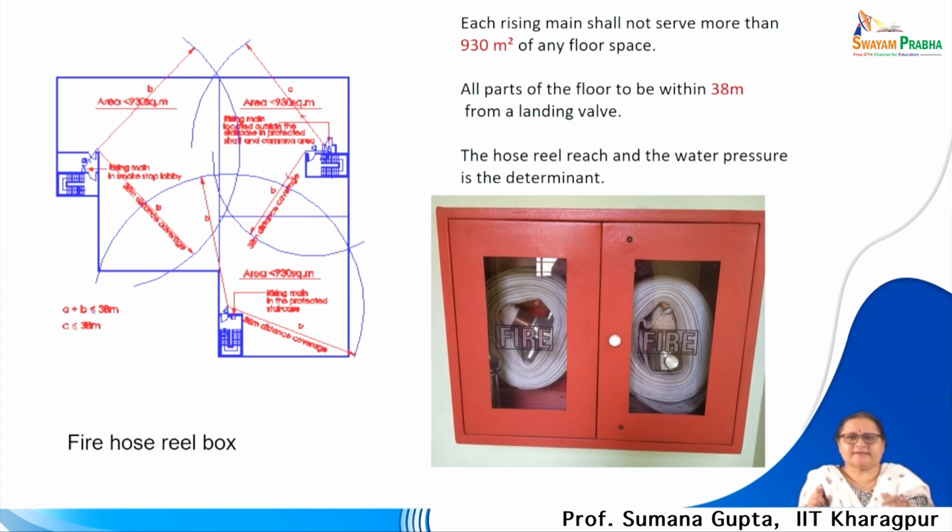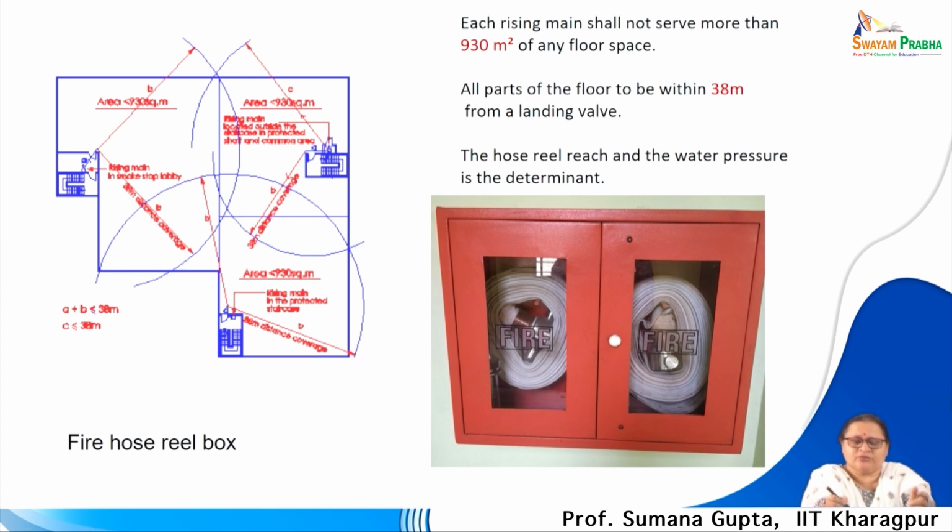Now, coming to the staircase and the area of operation in case of fire: how far the fire tender can reach, to control the fire, reach with the hose to control the fire. Now, inside this box you can see the hose reel there, and this can be pulled to a certain distance.